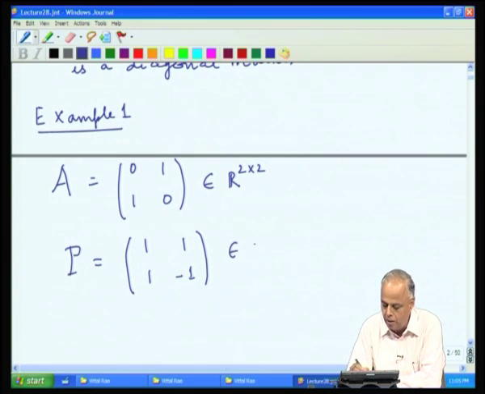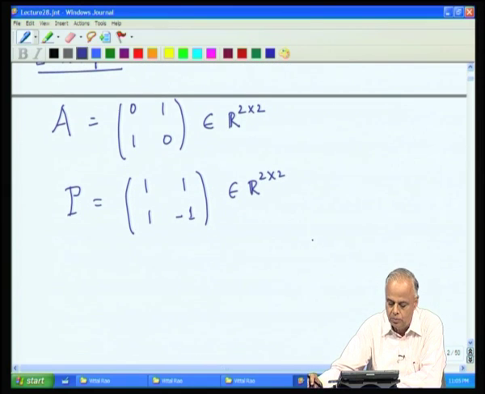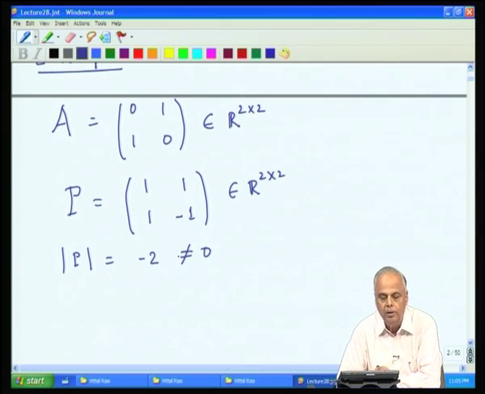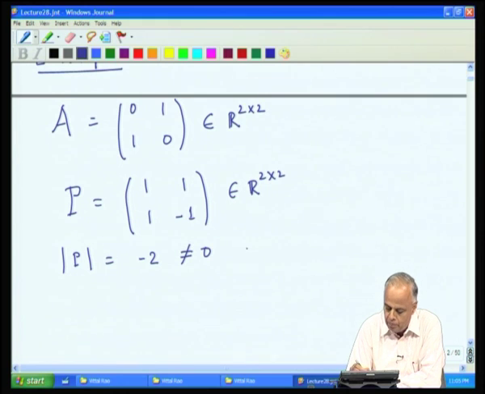This is clearly in R 2 by 2, so this is again a real matrix, and the determinant of P is minus 2, which is not 0. You have learnt in earlier classes that the matrix P is invertible if the determinant is not 0, hence P is invertible.